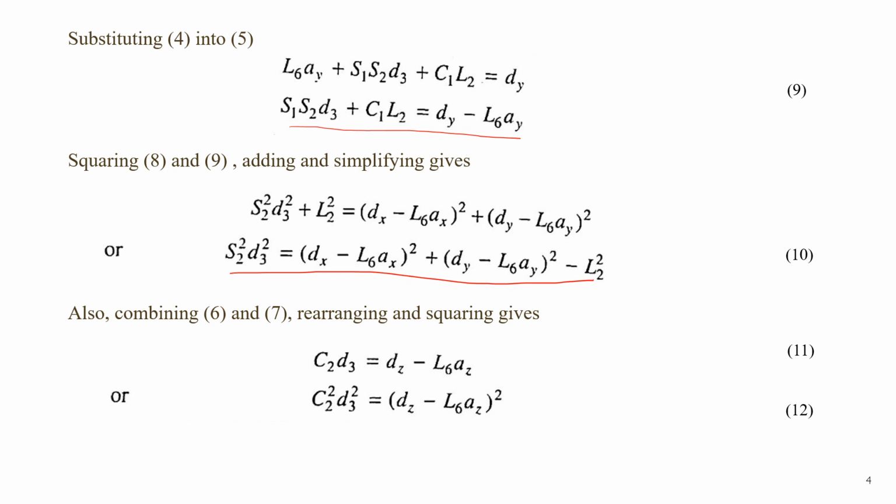And also the remaining 2 equations, that is the 6th and 7th equation, when you combine and rearrange, you will be getting C2D3 equal to dz minus L6AZ. So on squaring both sides, you will be getting C2 squared D3 squared is equal to dz minus L6AZ squared.